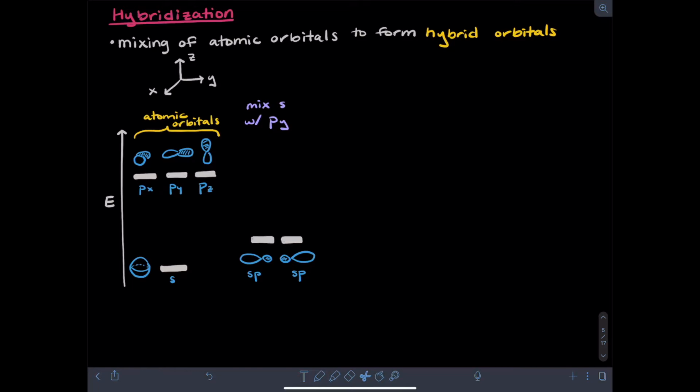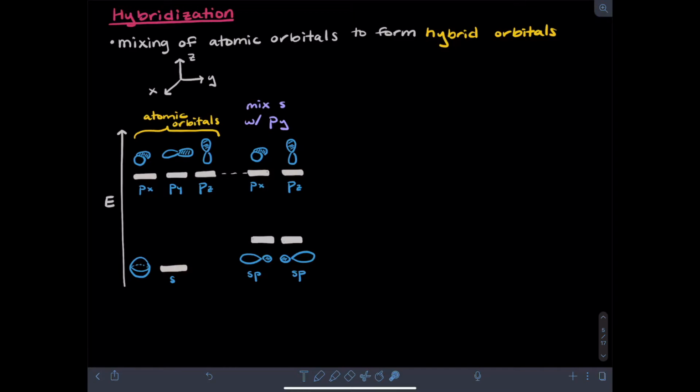This hybridizing accounts for the s and the py orbitals that we put in, but we also have to worry about the orbitals that we did not mix together. These are the px and pz orbitals, and they have the same energy as the atomic orbitals because they haven't been mixed in any way.